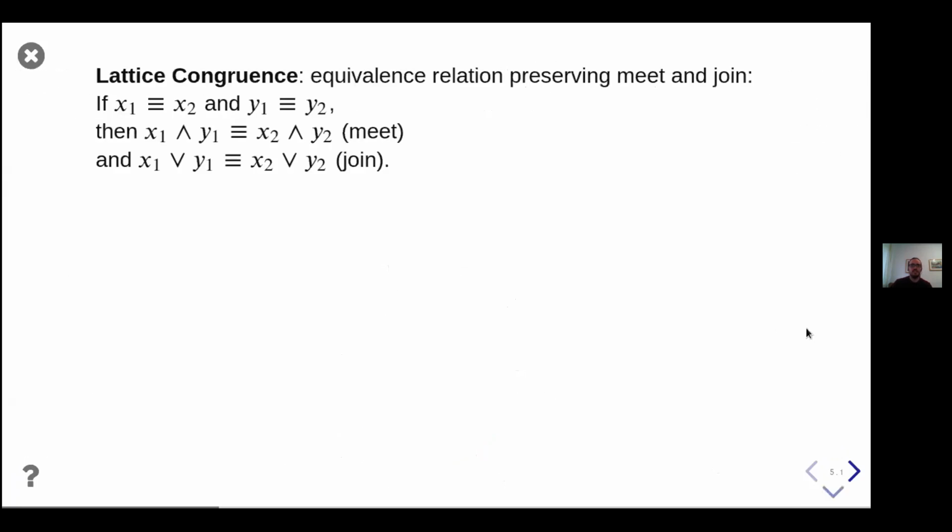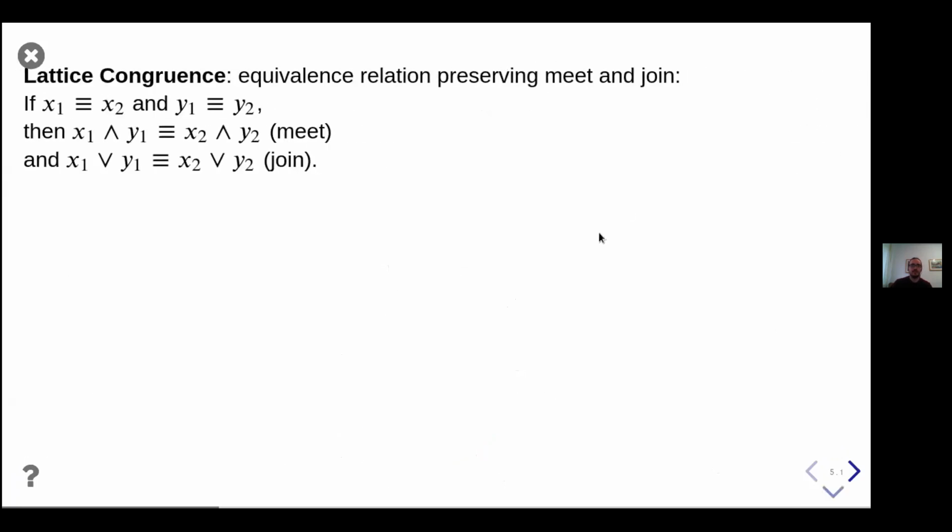And that operation is called a lattice congruence, which is an equivalence relation that does preserve meet and join of a lattice, meaning that whenever we have a meet of two elements, x and y, we can replace both x and y by equivalent elements, and what we'll obtain as their meet will not depend anymore on the choice of representatives of the congruence class. The meet will always be in the same congruence class regardless of the choice of representatives.